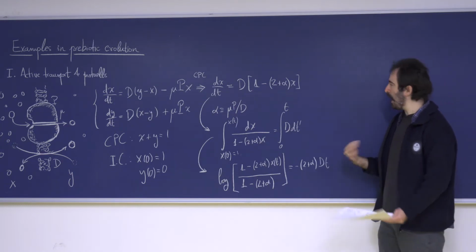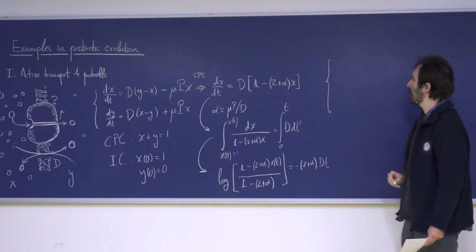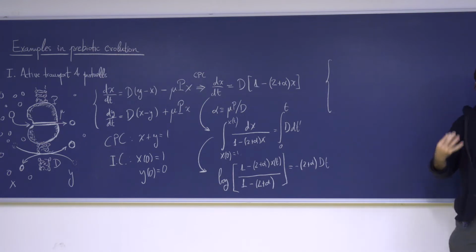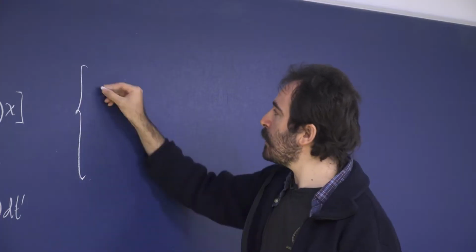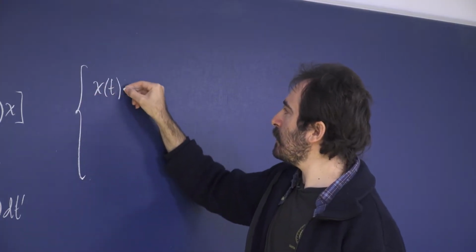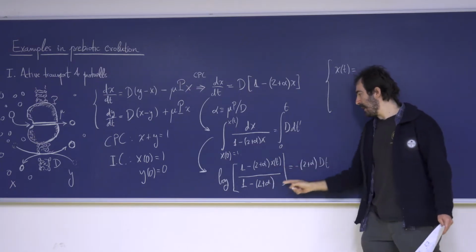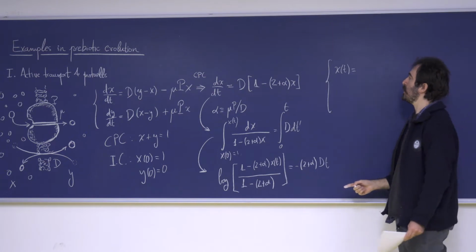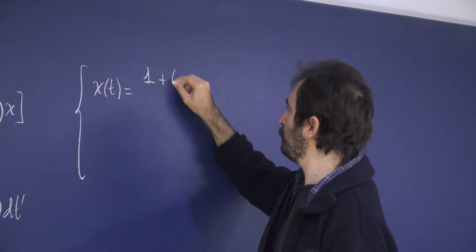And after a few algebraic steps, I will jump straight forward to the solution, both for x and y, so that we can see what this entails and how this shall look as functions over time, right? So here, you're going to have the solution for x of t, which I am just isolating from this simple equation here that we obtained by solving the ordinary differential equation. And it looks like the following.